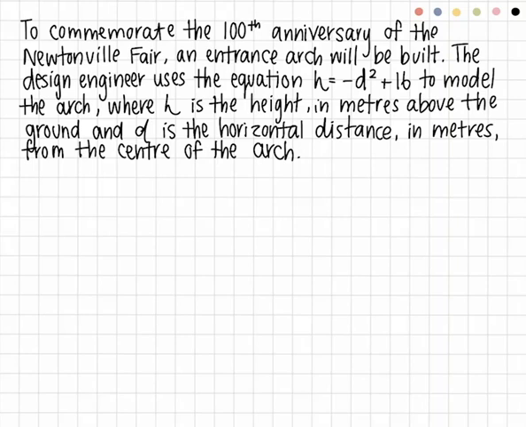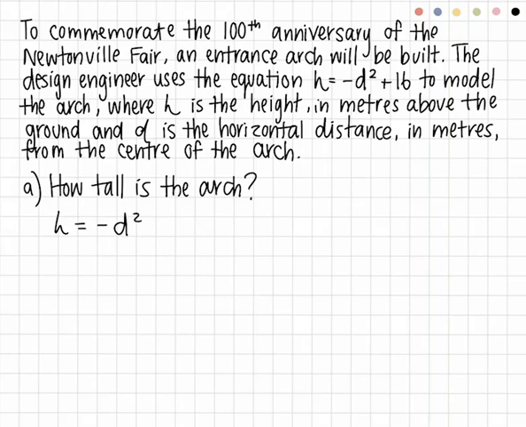Concerning, but that's okay because we know how to do this. So let's say the first question is how tall is the arch? So we've got h equals negative d squared plus 16. Well, I am noticing right away that I'm looking at something here that is special.